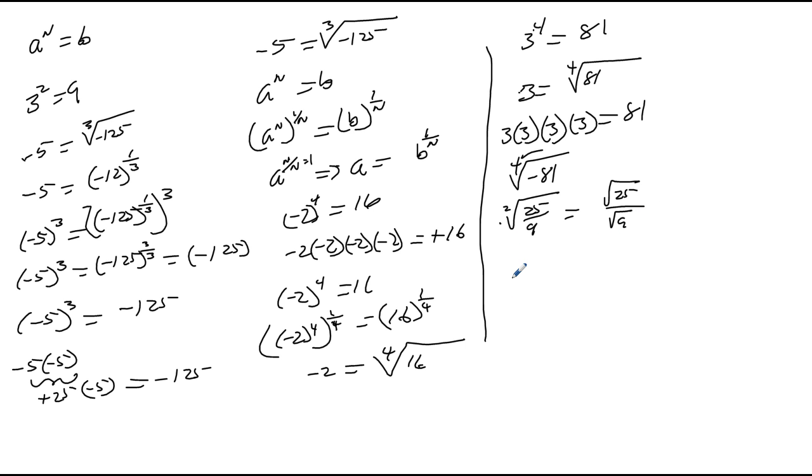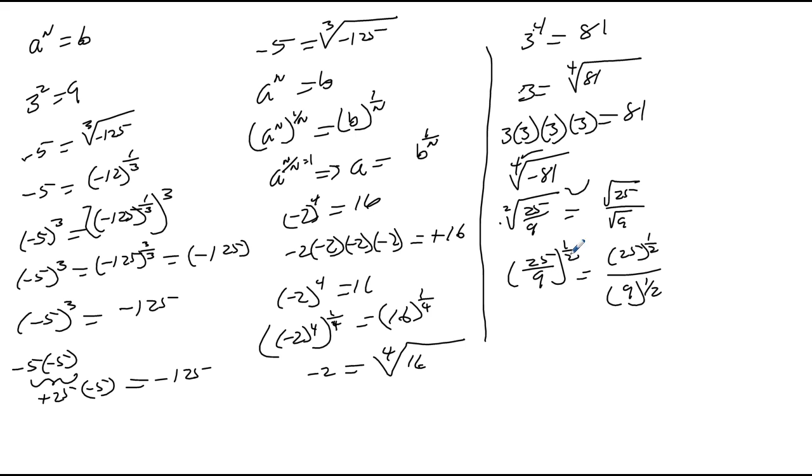Well, back to our exponent operations, we can rewrite this as 25 over 9 raised to the power of 1/2. Now we can distribute that 1/2 to everything in the parentheses, which is 25 raised to the power of 1/2 divided by 9 raised to the power of 1/2.